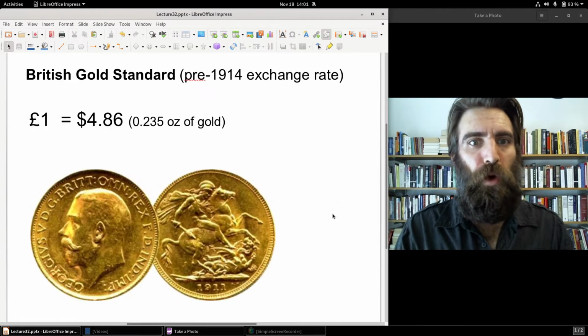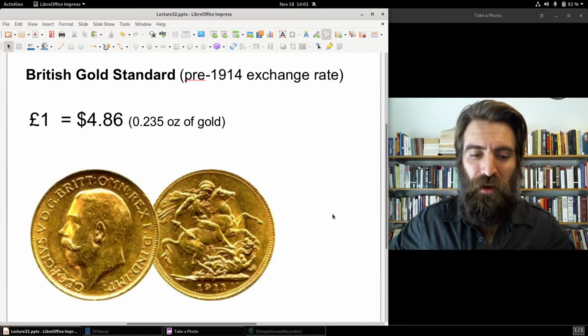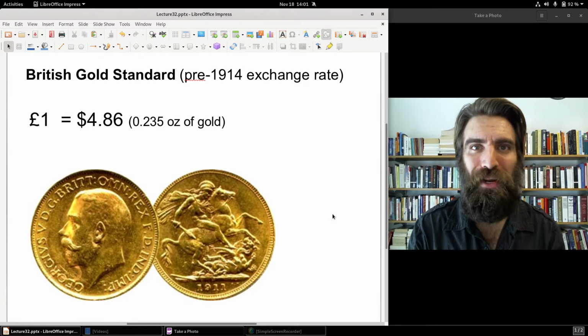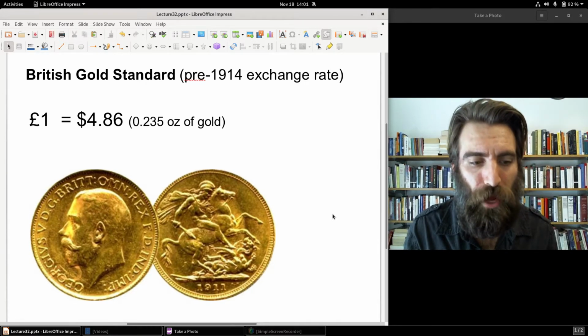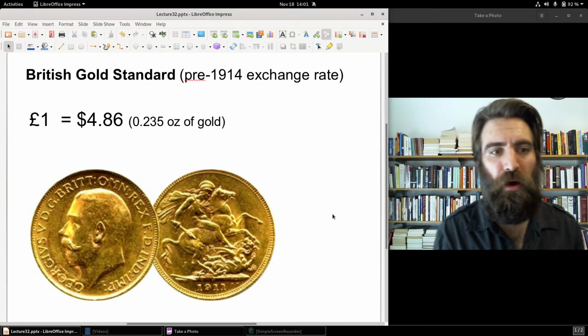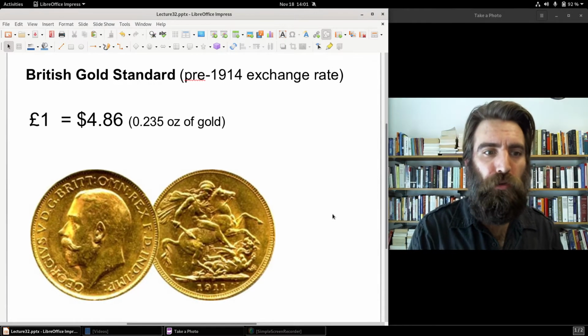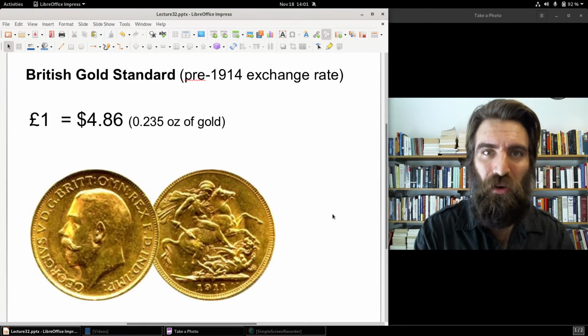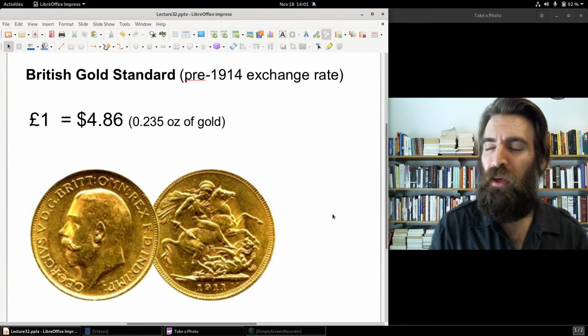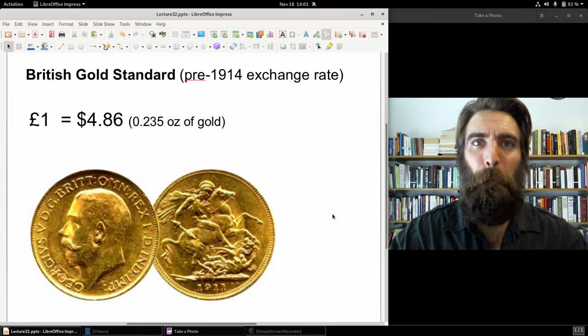So the question of what to do is looming large. But there are a lot of people in Britain after the war who have this deep desire, this nostalgic yearning to return to the old classical gold standard, to restore the once mighty pound sterling.